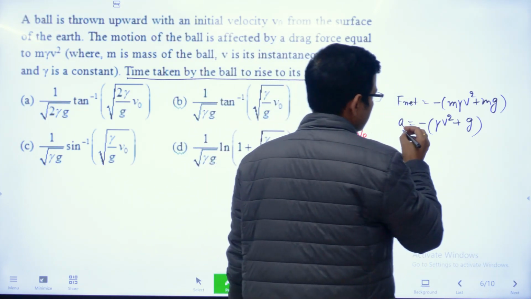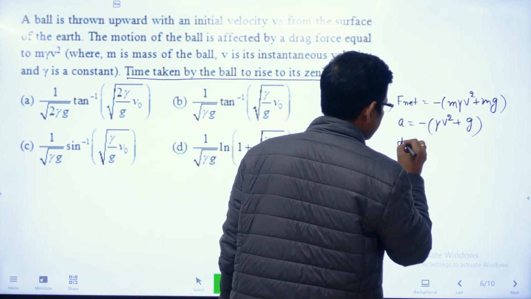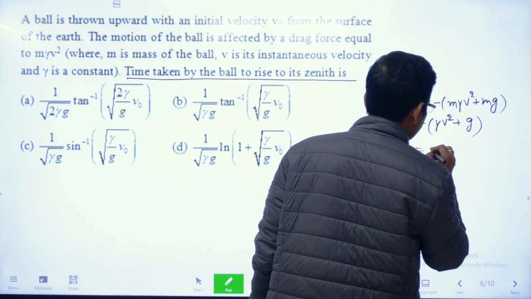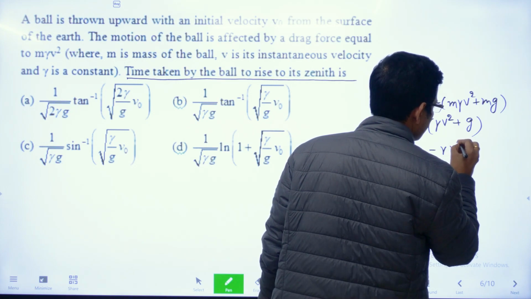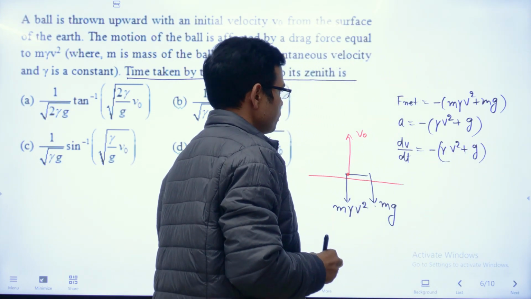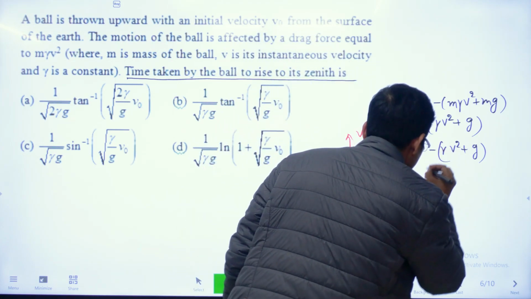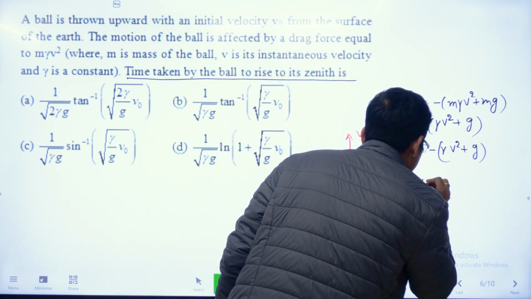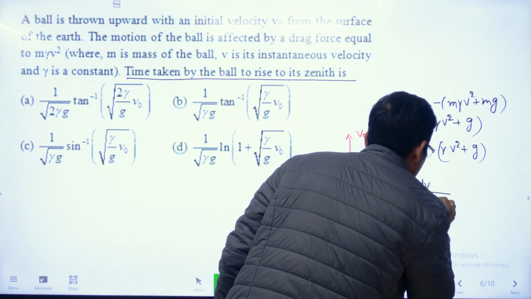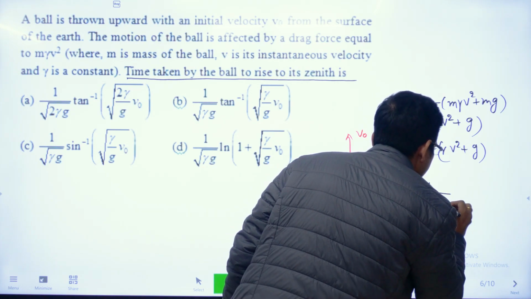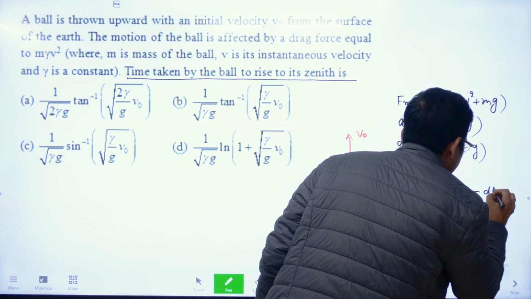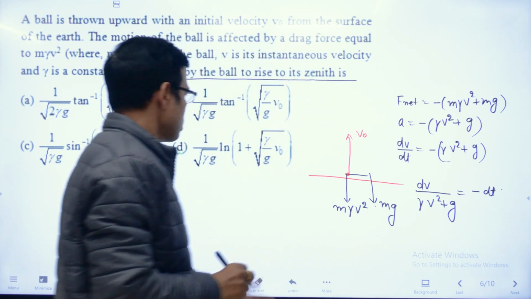Now we know that this acceleration is equal to dv by dt, and this dv by dt is equal to minus of gamma v square plus g. इसको हम इस तरह लिख सकते हैं, that is dv divided by gamma v square plus g is equal to minus of dt. Now come to the left side.